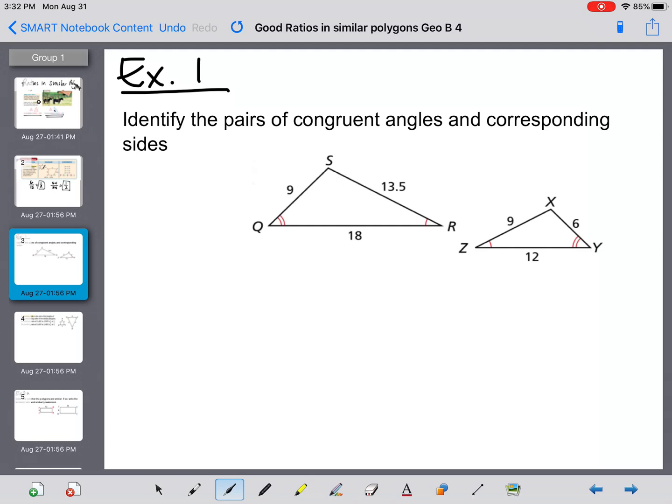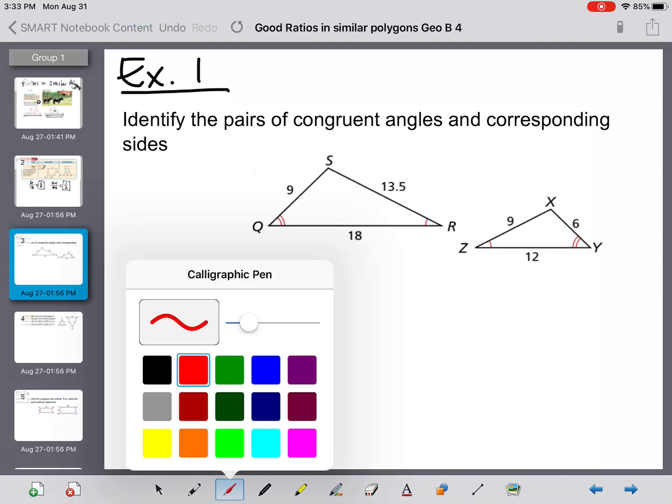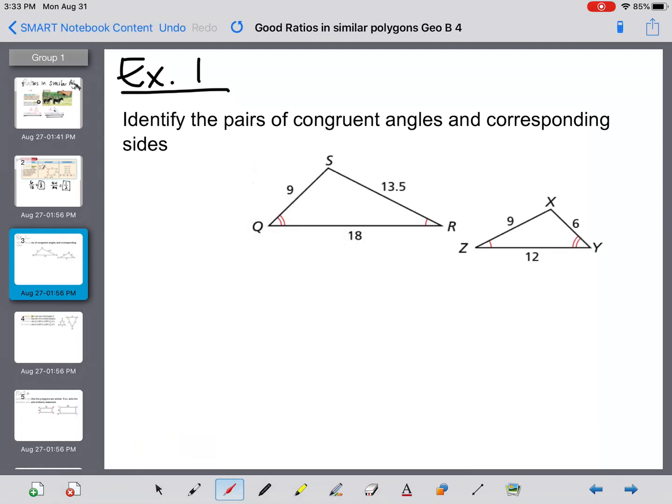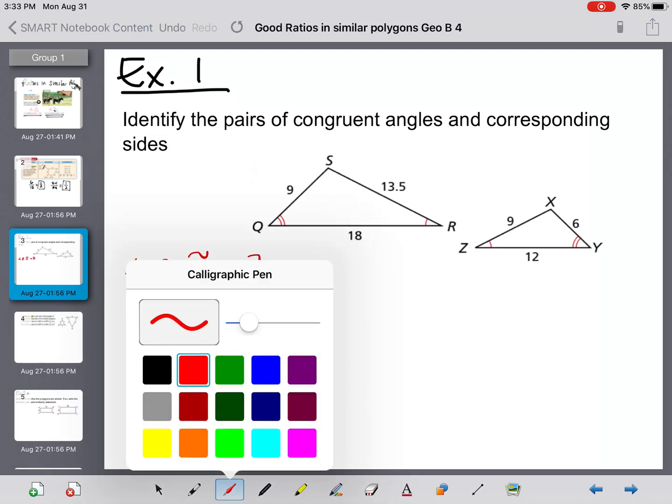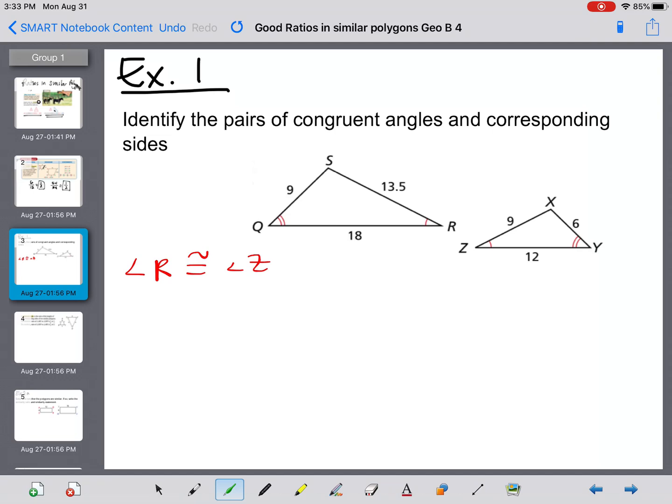So here's an example. It says identify the pairs of congruent angles and corresponding sides. The angles that are congruent: I see angle R and angle Z. They both have one arc. So angle R is congruent to angle Z. The next angle is the one with two arcs.